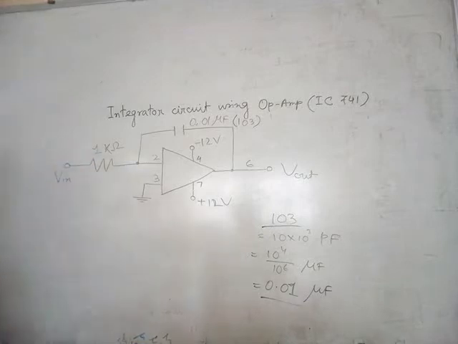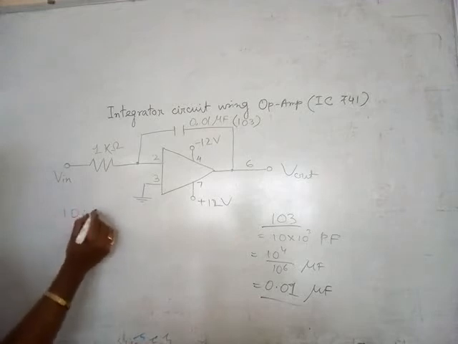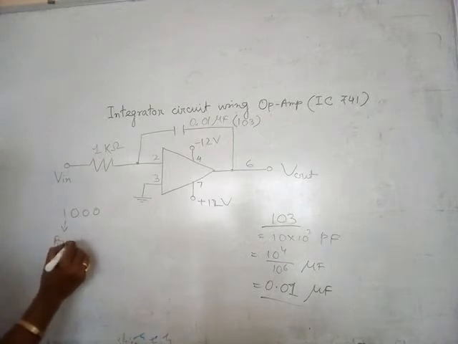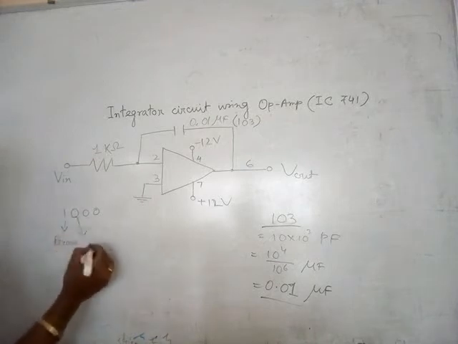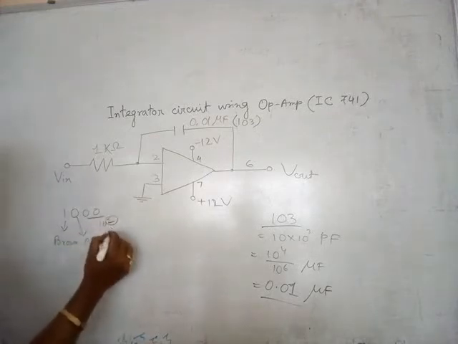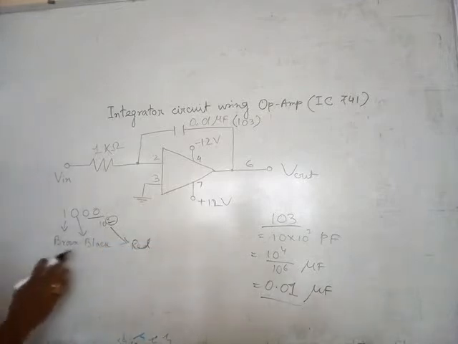And next, the 1 kilo ohm resistor. You know the color code: 1, 0, 0, 0. The first digit 1 is brown, the second digit 0 means black, and the multiplier is 10 to the power 2, and 2 means red. So the color code is brown, black and red.